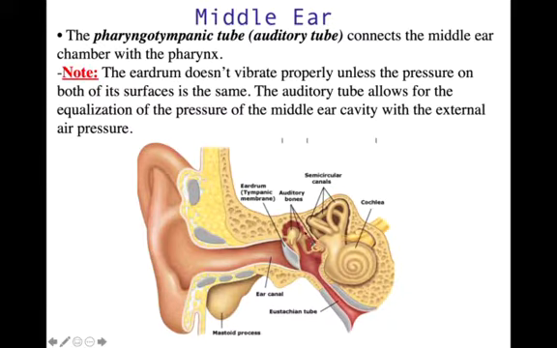Now, let's say there was pressure built up in your middle ear. Well, then that's going to make your tympanic membrane stiff. It's not going to be free to vibrate. So if sound waves strike this stiff tympanic membrane, it's not going to vibrate very freely, which means the ossicles will not vibrate very much, which means the oval window that's deep to the stapes won't vibrate very much, which means the fluid within your inner ear doesn't get displaced very much.